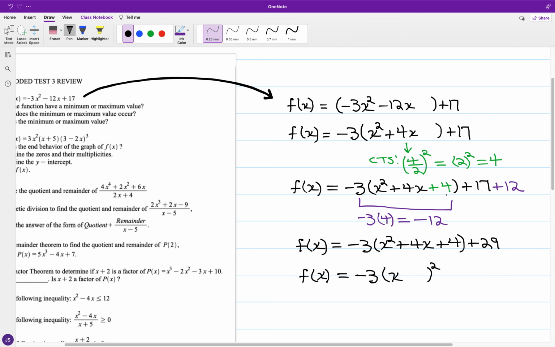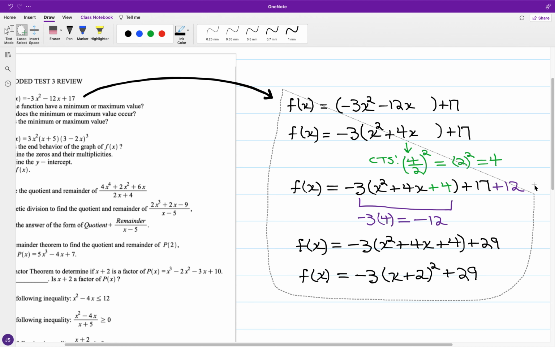How I formed this trinomial was made possible upon adding 4, which originated from the completion of the square stage where we had squared out positive 2. So again, that 2 reappears. So we have negative 3 times the square of the binomial x plus 2, followed by the addition of 29. This is the resulting vertex form.